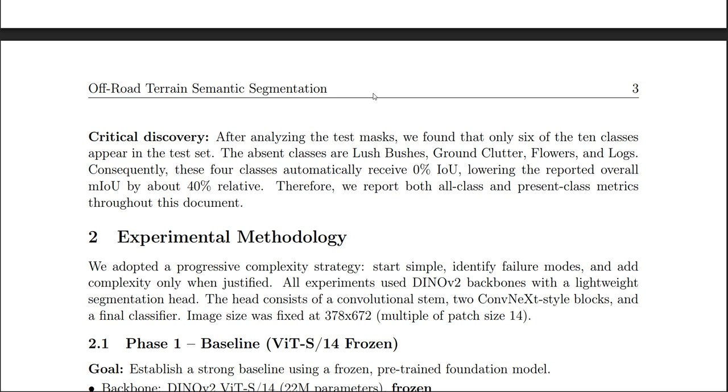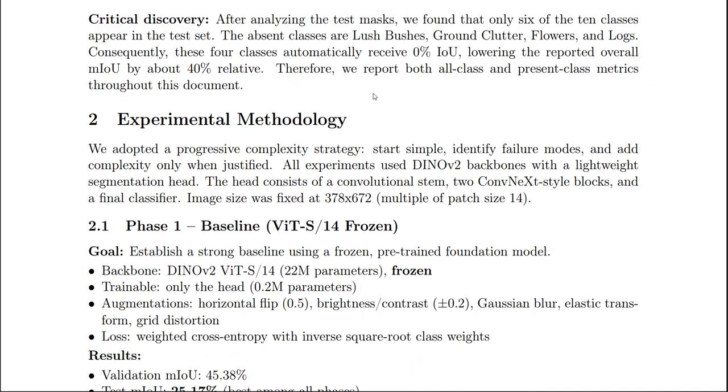After analyzing the test, we have noted that the absent classes like lush bush, ground clutter, flowers, and rocks receive 0 IoU, lowering the reported overall mIoU by about 40% relative.